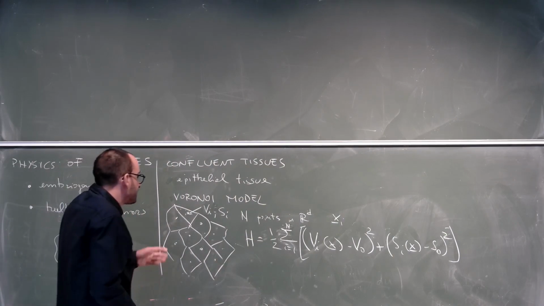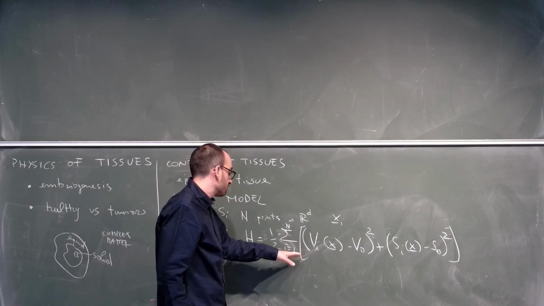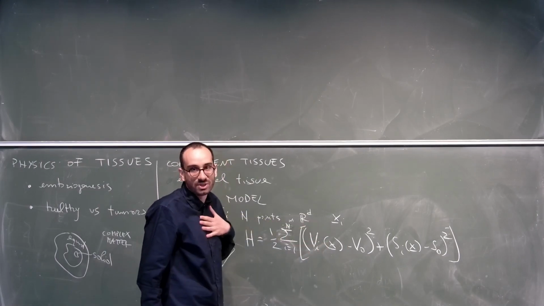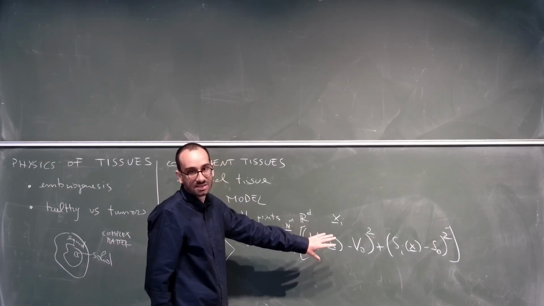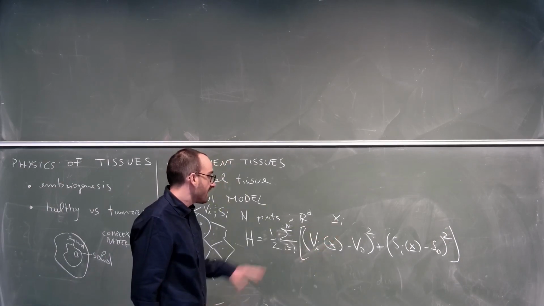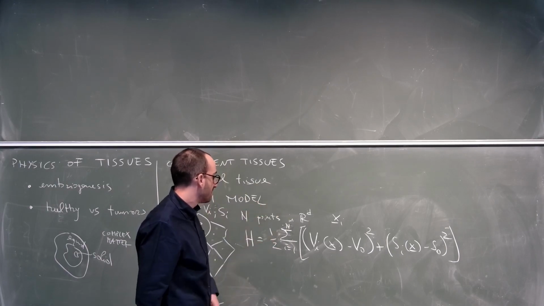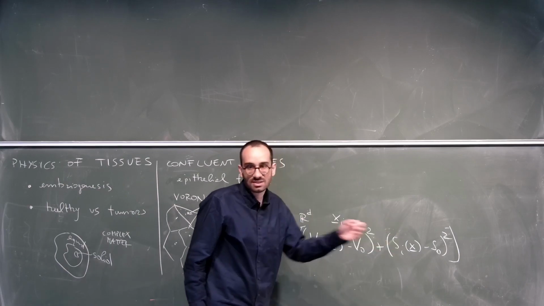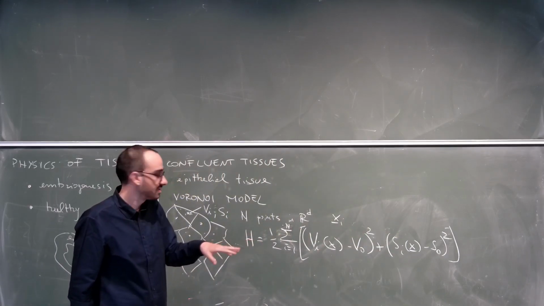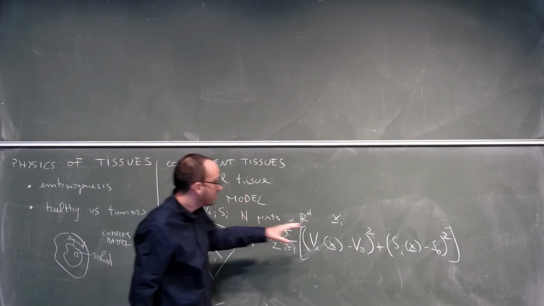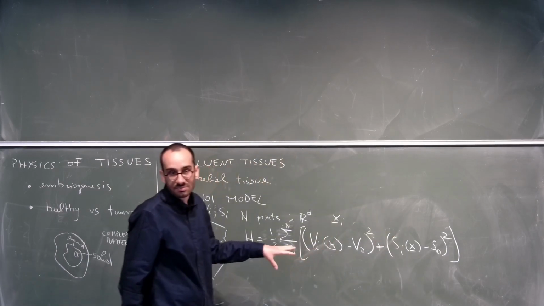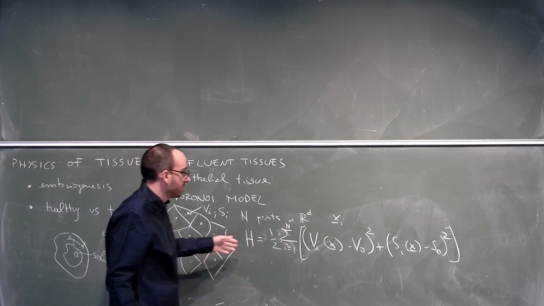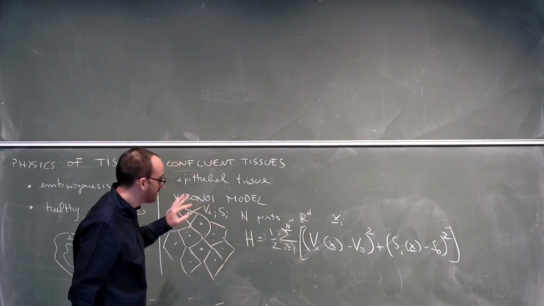Okay, so this is just a square loss function, and it has no, for what I know, biological meaning, other than saying that you want to have a model in which volume and surface try to obtain some target values. But you can use other forms of loss function. And this is what people have been using in the last, let's say, 5 years.